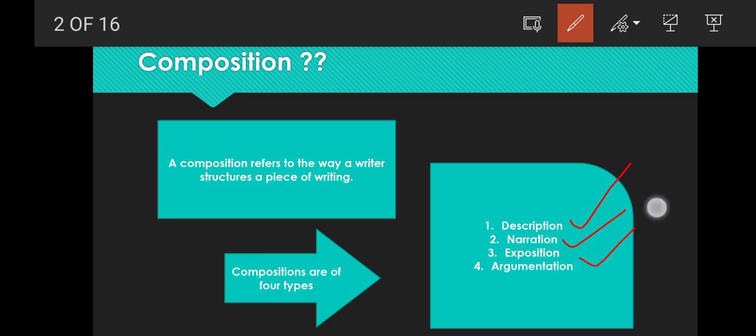Next is exposition. Exposition is also a type of composition, not arguments, but exposition refers to when a writer wants to reflect all his pictures.